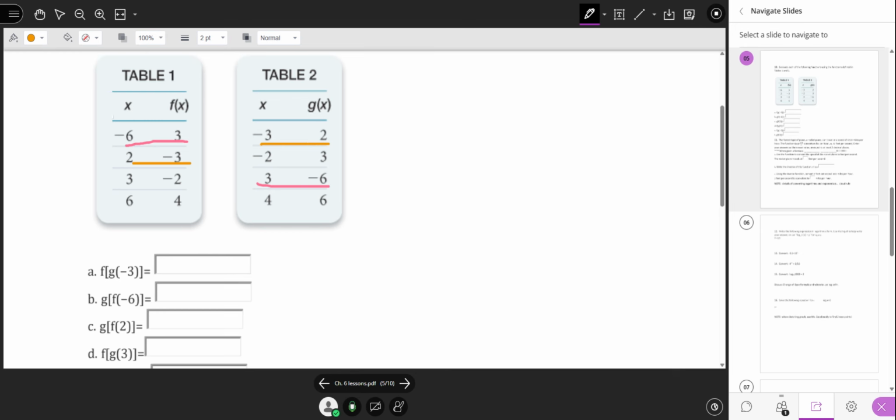Are you catching on to what I'm doing? 3, -2, -2, 3. 6, 4, 4, 6. F and G are inverses of each other.